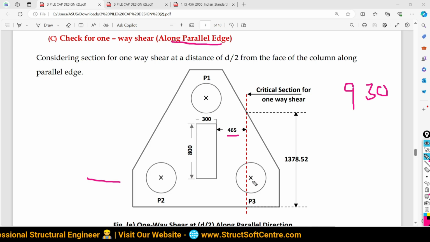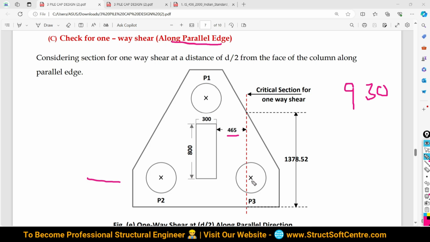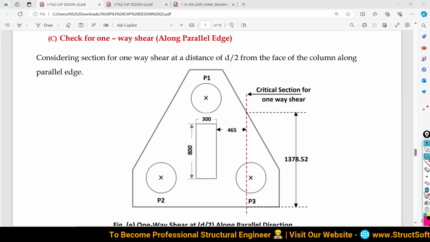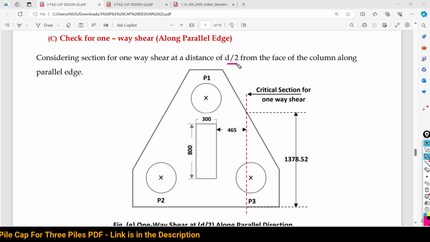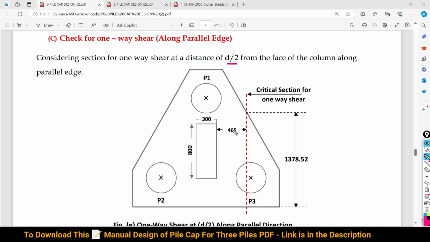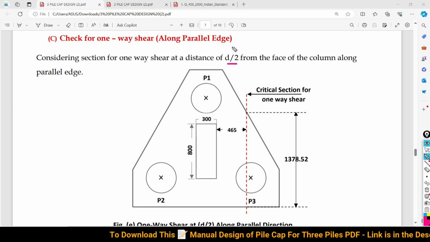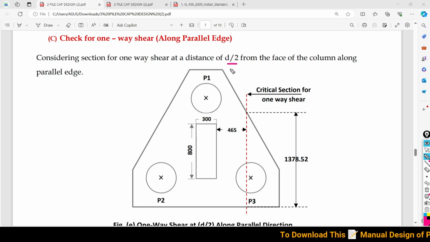Now you may have one question in your mind: normally, if you design any foundation, we consider the one-way shear section at a distance of d, not at a distance of d by 2. But here I am intentionally taking my one-way shear critical section at a distance of d by 2 instead of d. Why we are doing it, we will let you know later on. This is in respect of the codal recommendation.